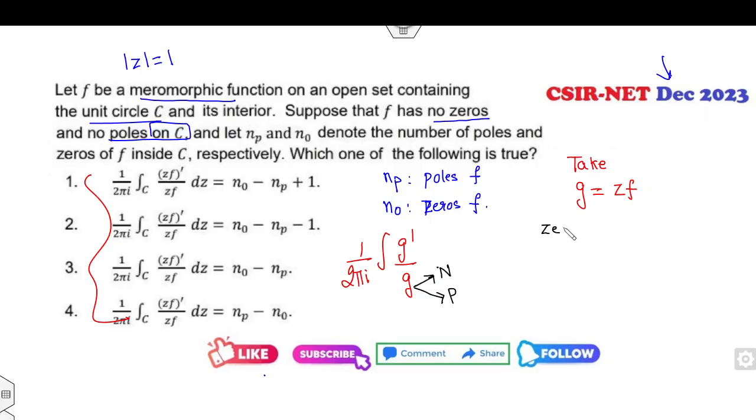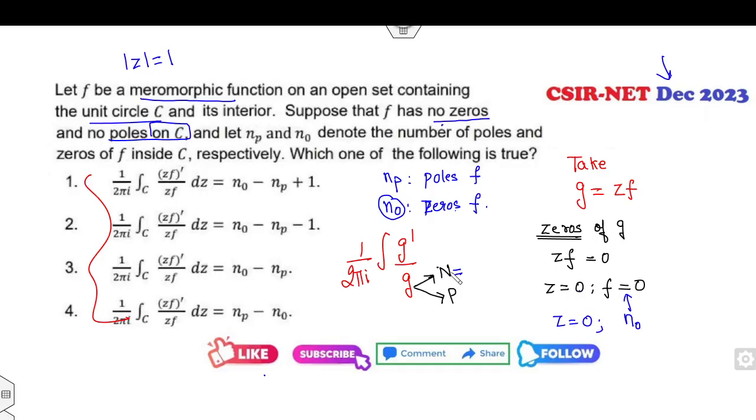So can you find the zeros of g? Zeros means I can set the numerator part equal to 0. This implies z is equal to 0 and f is equal to 0. This implies how many zeros of the function f? f has n0 zeros, and this is z is equal to 0.